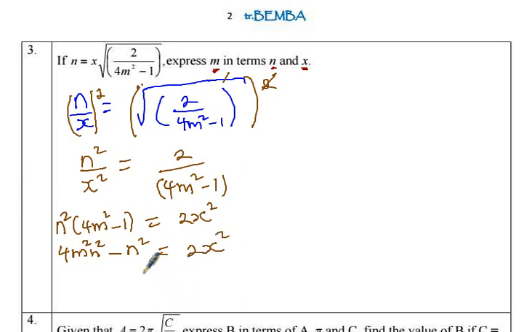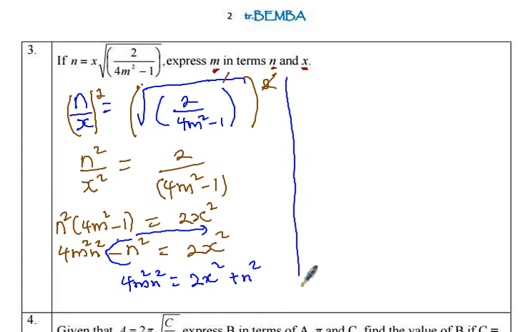Okay, and now I can move this minus n squared term to this side, so that I write 4m squared n squared is equal to 2x squared plus n squared. Now it turns into a positive n squared. Okay, fine.